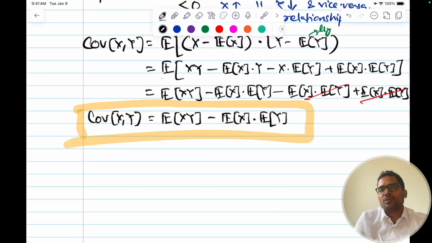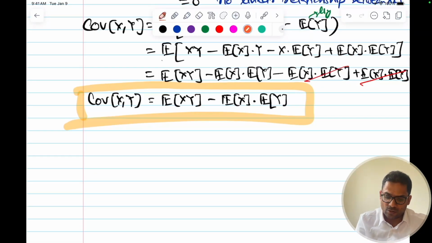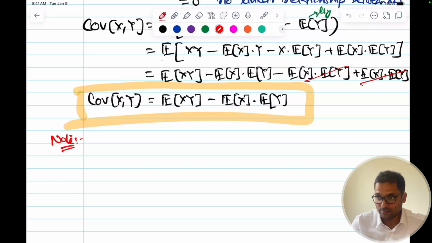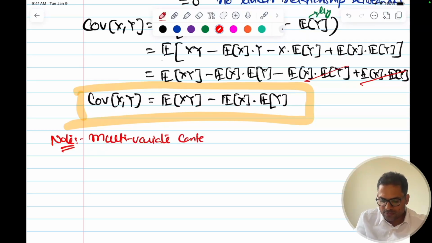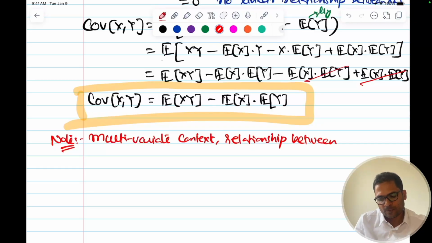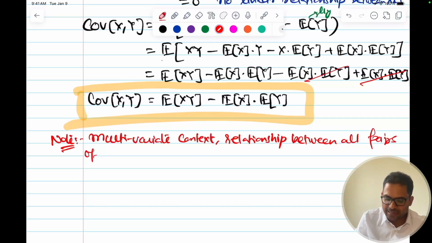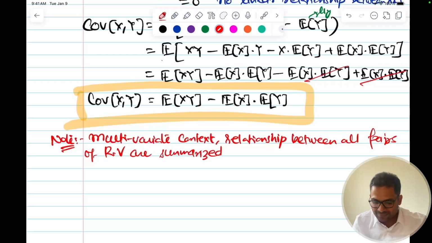There's one more important thing that is good to know for the future. We will come across covariance a lot, especially when we do singular value decomposition, and in multiple other places wherever we have multivariate contexts. The covariance relationship between all pairs of random variables is summarized in a matrix. With n random variables, the relationships between all of them give an n into n square matrix.